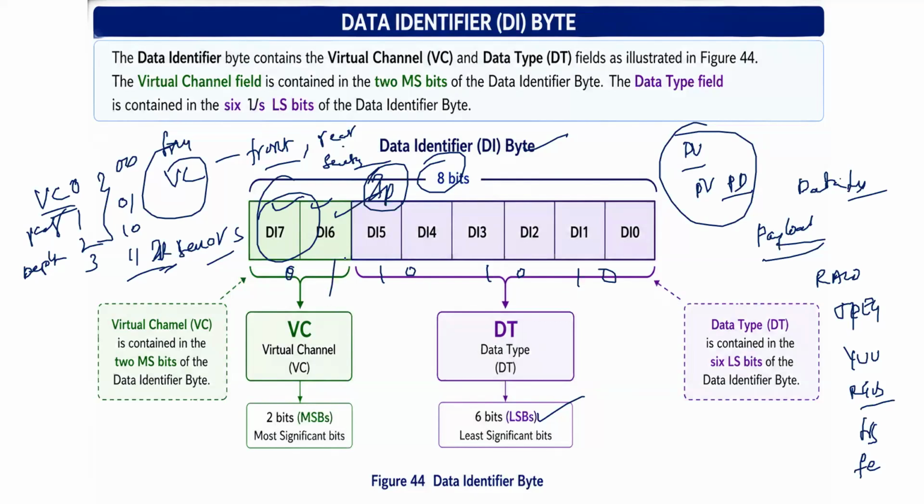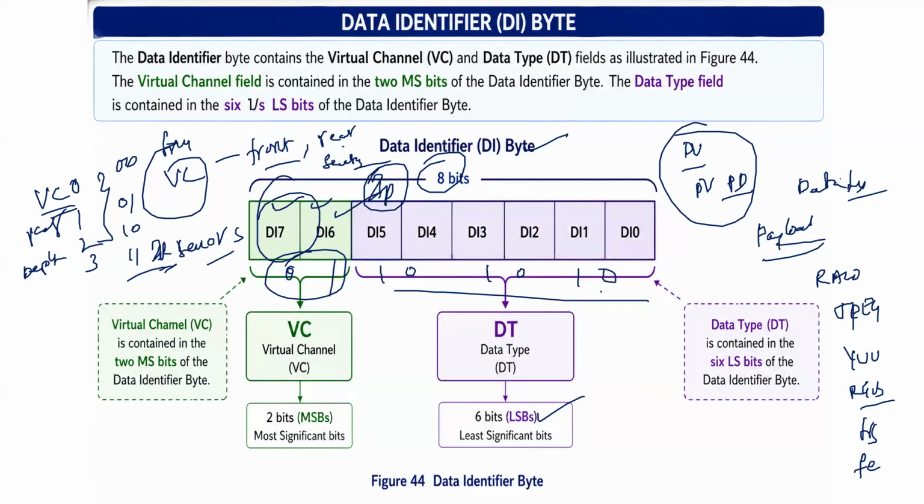That means virtual channel 1 we are using, and this is the specific data type we are sending. So depending upon the data type, it will tell you which bytes are sending valid data or not. Any doubt? Fine.